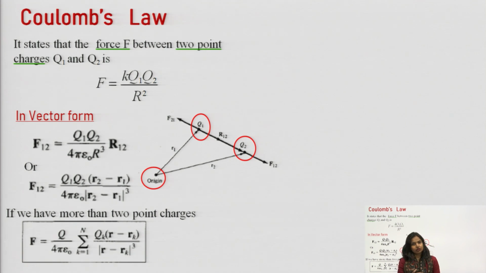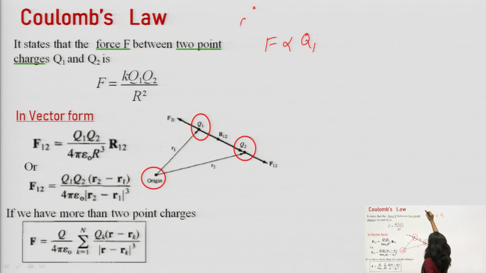Now come to the second law, that is Coulomb's law. Coulomb's law states that the force F between two point charges, suppose Q1 and Q2, will be directly proportional to the product of the two charges.